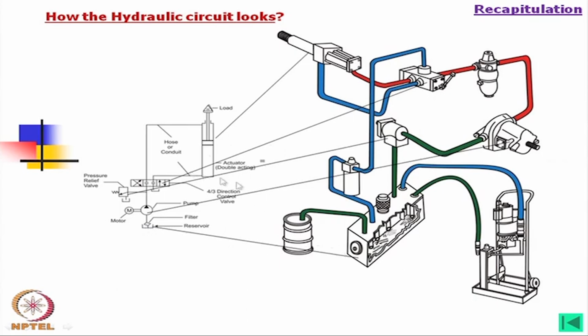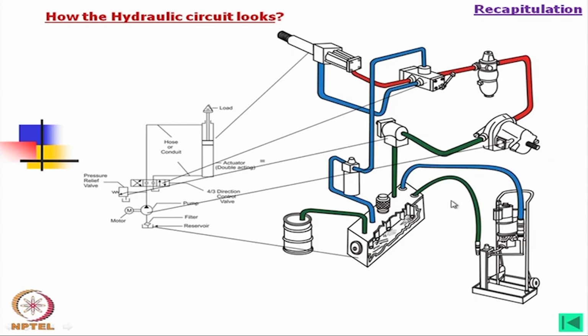And this is the return line filter, and you can see many things in this valve. Of course, this is not part of the hydraulic system, but in some systems these are used.